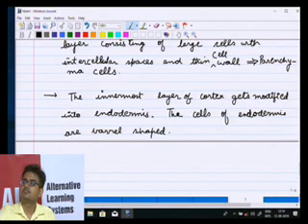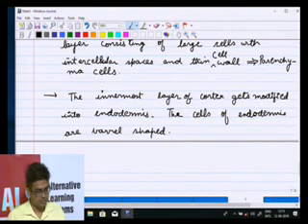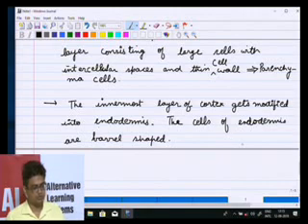Just raise your hands if you know what a Casparian strip is. I won't have to explain right away. Okay, nobody knows what a Casparian strip is. Just write the statement, then I'll explain what a Casparian strip is and what it does. The cells are barrel shaped.